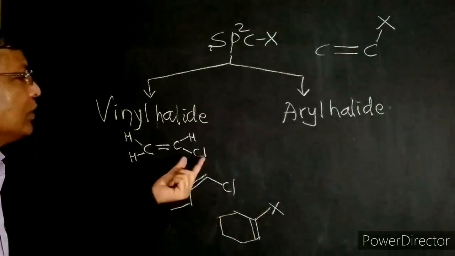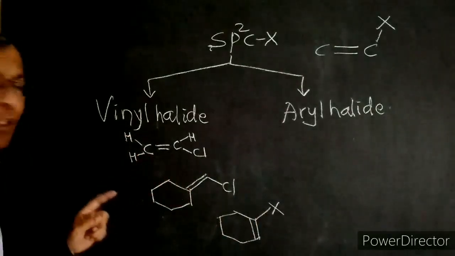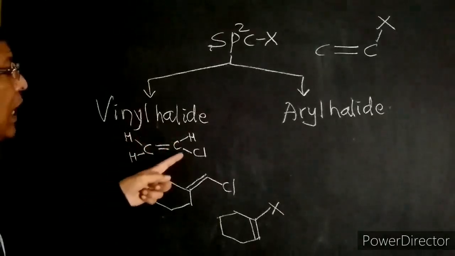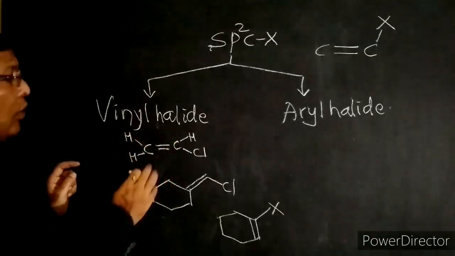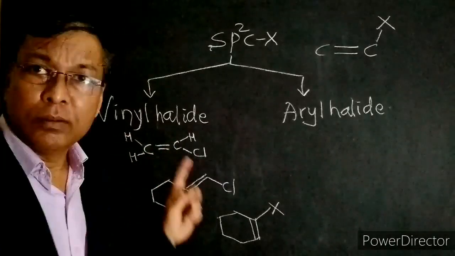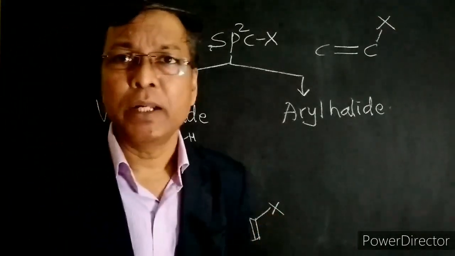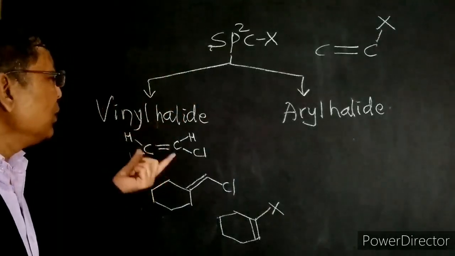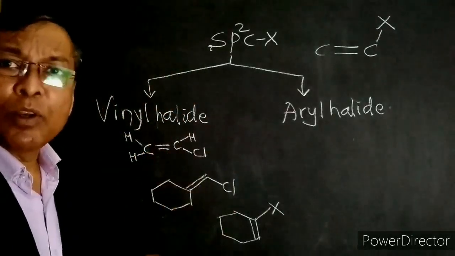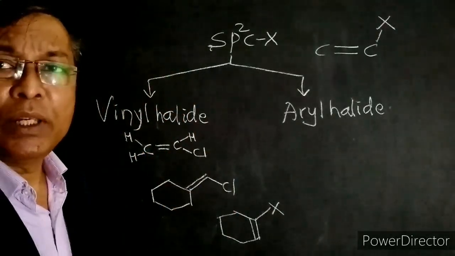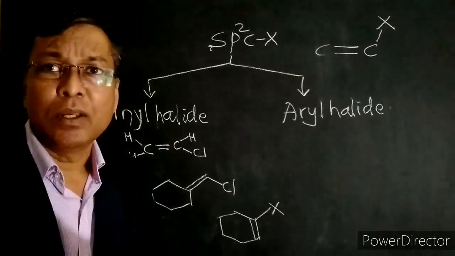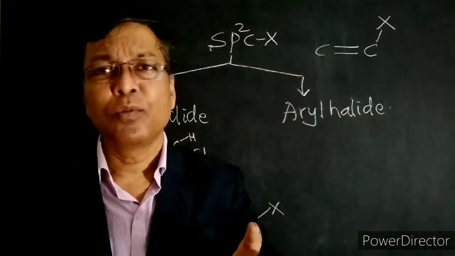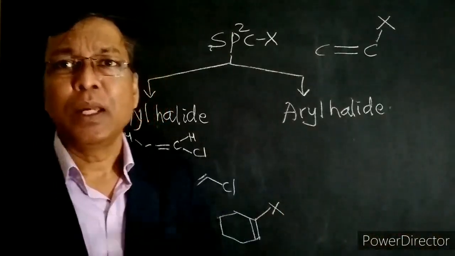When the halogen atom is attached to a doubly bonded carbon atom, this is called vinyl chloride. And this vinyl chloride is used in the polymer industry, and by using this compound, after polymerization, we get polyvinyl chloride. It is well known as PVC. It is used in the manufacture of PVC pipes, etc.